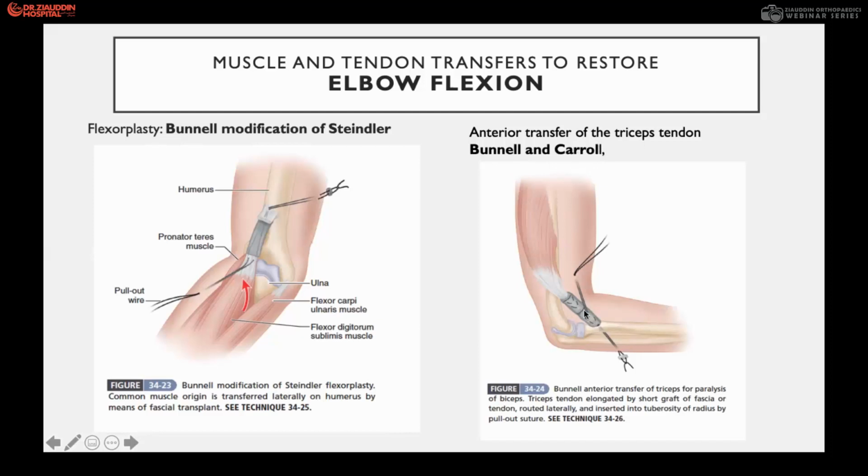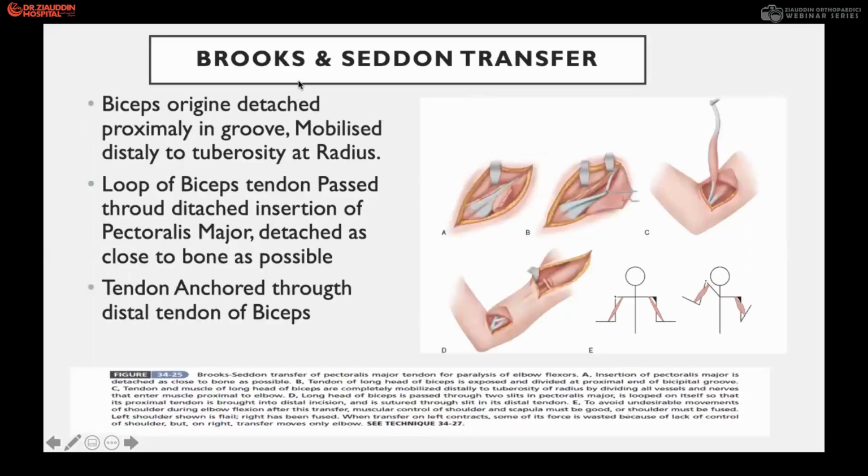Extended with the graft, the triceps is rotated and fixed on the biceps insertion, the previous biceps insertion, the bicep tuberosity here. And this is again a flexorplasty. Then the Brooks and Ziauddin transfer, which is a very common procedure.